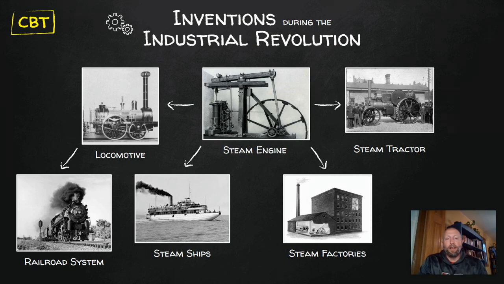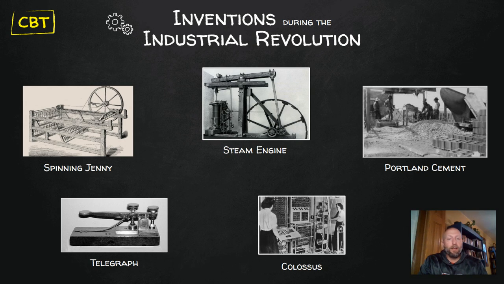For example, the steam engine may have gone into a railroad car, a locomotive, but that also snowballs into the railroad system. The steam engine went into ships and factories and on farms. So this one invention called the steam engine revolutionized a whole segment of our industry, of the way we lived. And there are tons and tons of these examples.